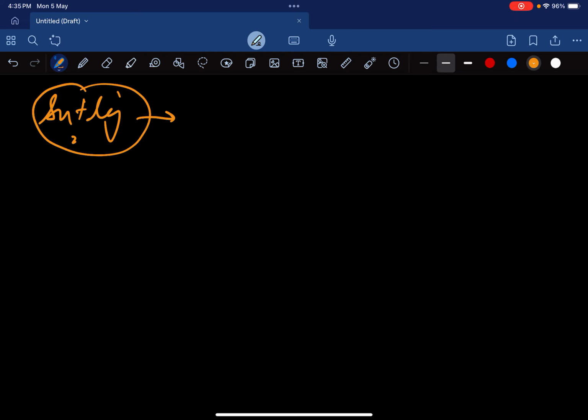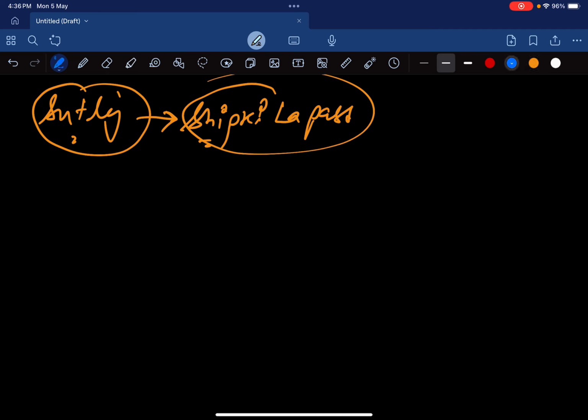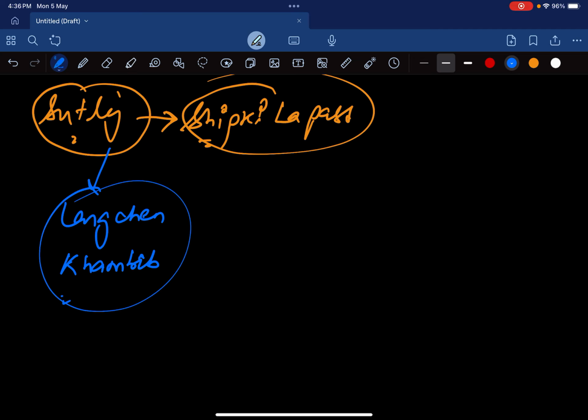If we talk about the river Satluj, Satluj enters India through the Shipkila Pass. Right? It is also called as Langchen Khambeb, not Singhi Khamban. Right? Singhi Khamban is for Indus. Satluj River is called as Langchen Khambeb. Right?